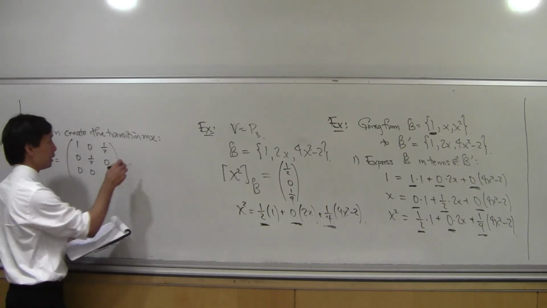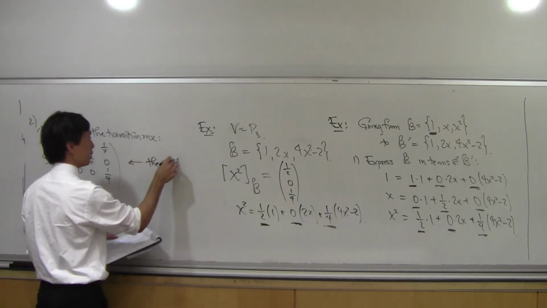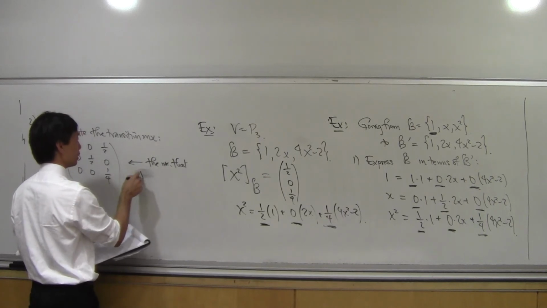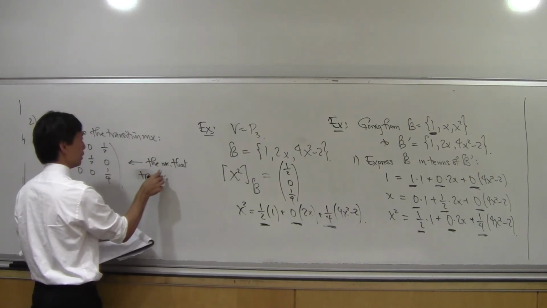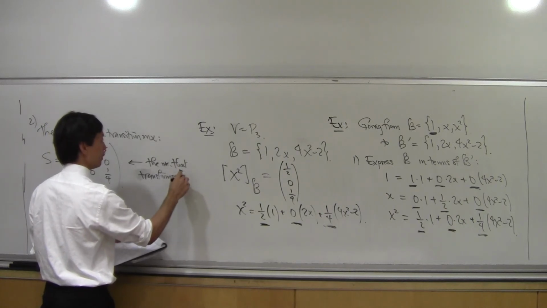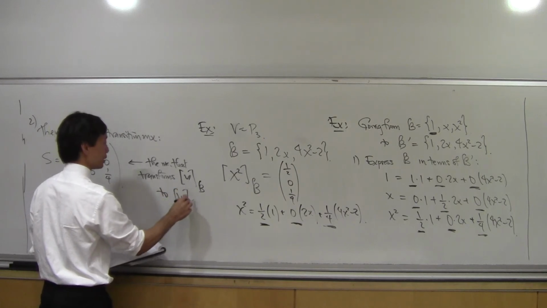This is the matrix that transforms the vector with respect to the B basis to the vector with respect to the B prime basis.